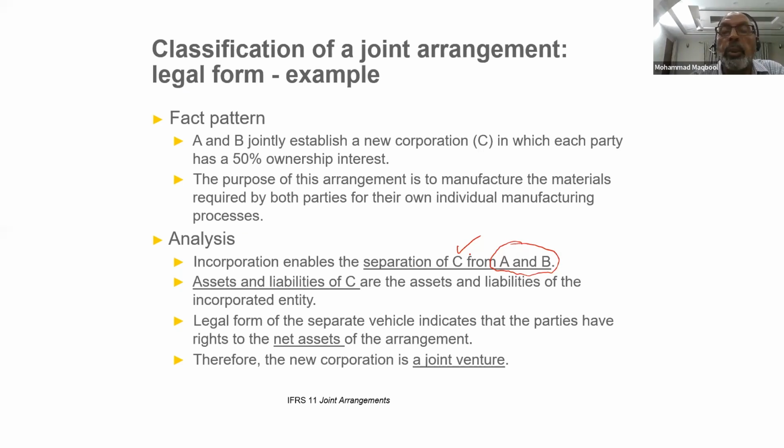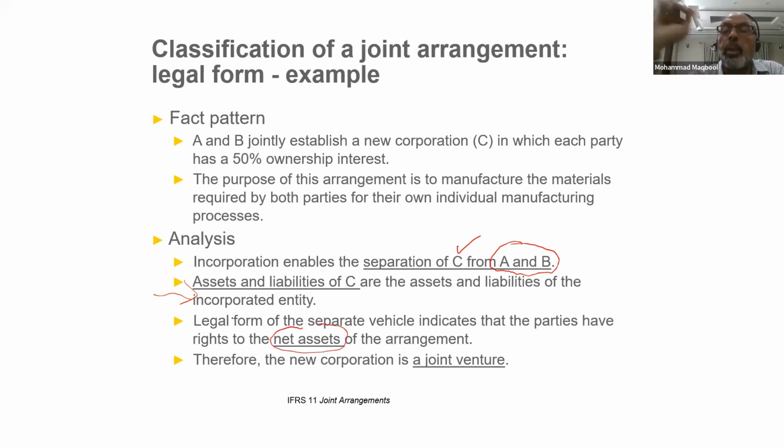Assets and liabilities of C are held by the incorporated entity. The legal form of the separate vehicle indicates that the parties have a right to net asset, not to individual assets.